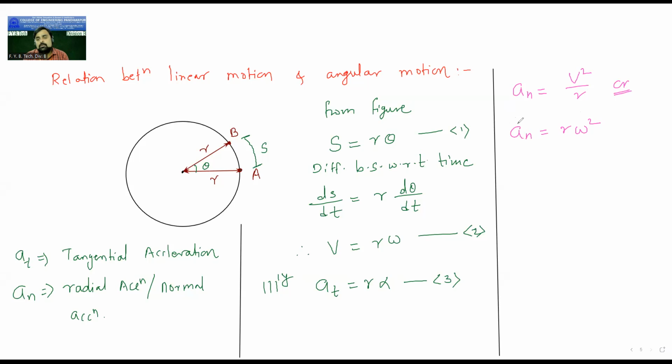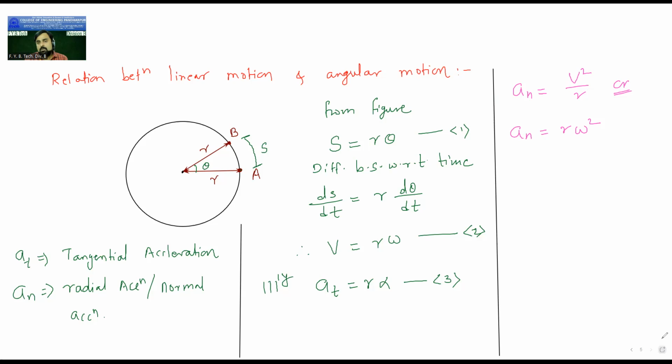So AN is the radial or normal acceleration along here, and AT is the tangential acceleration. So these are the formulas which are required while solving the numericals.